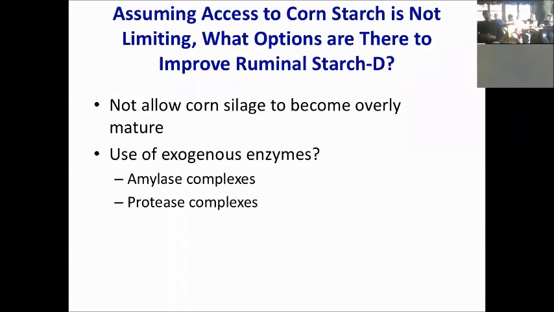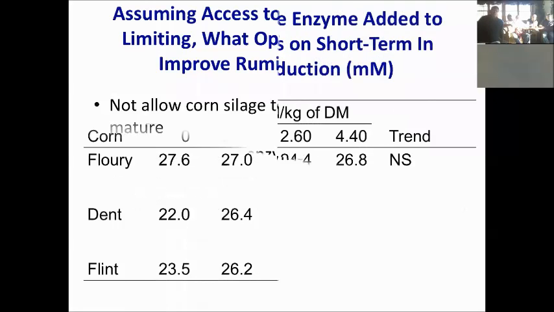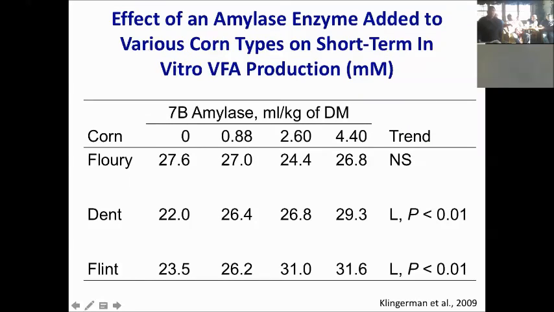I'm going to show you just some experimental data on use of exogenous enzymes. I won't spend too much time on this, but I think you do need to see some of this data that is out there. This is some work from my lab where we worked with an amylase added to floury, dent, and flint corn and looked at the production of volatile fatty acids in vitro.